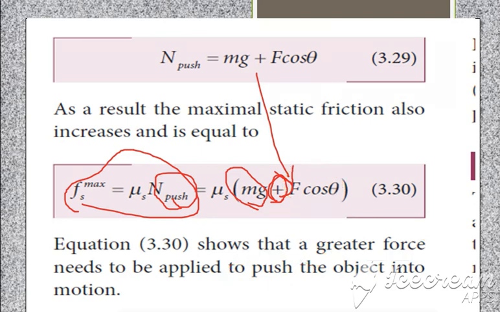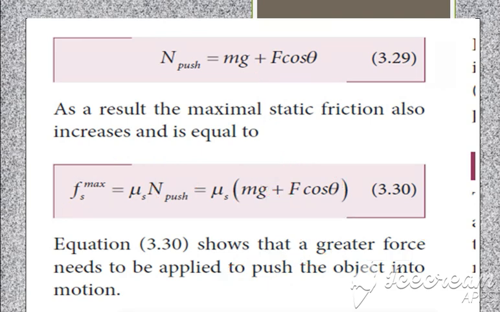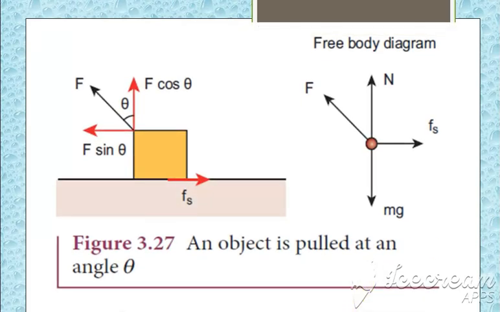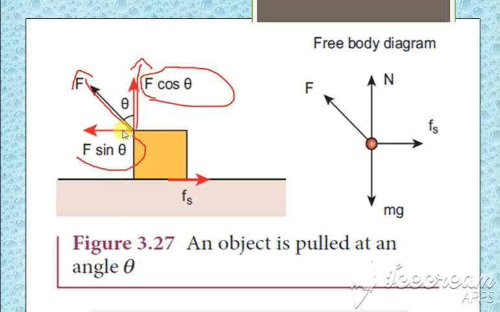Okay, same way when you are going to write this for pulling an object, we have the diagram for pulling an object here. This is how you pull an object. So the force is pointing in the opposite direction. So this is where you are writing f cos theta. This side we have f sin theta.